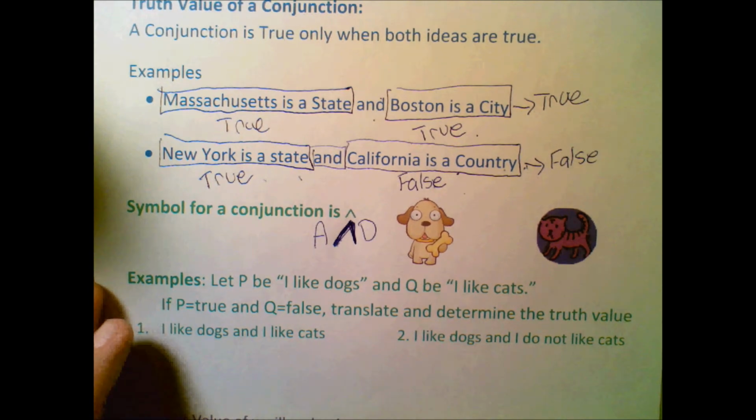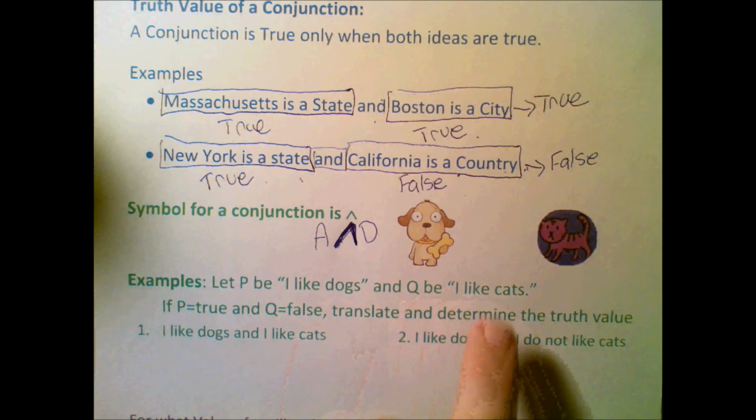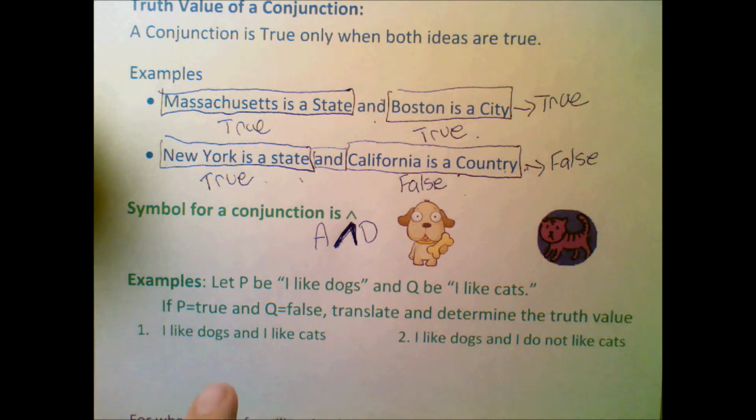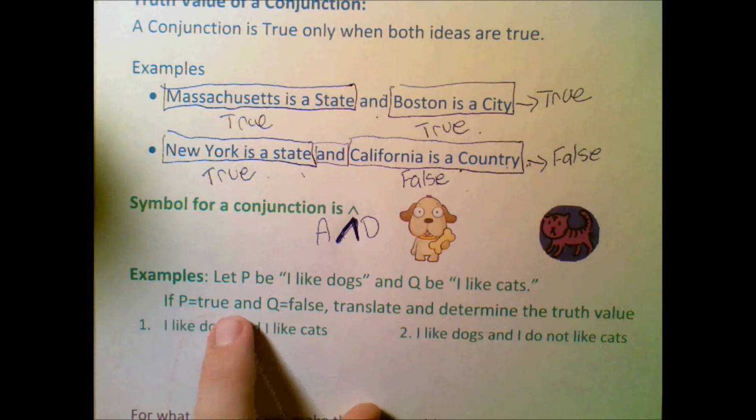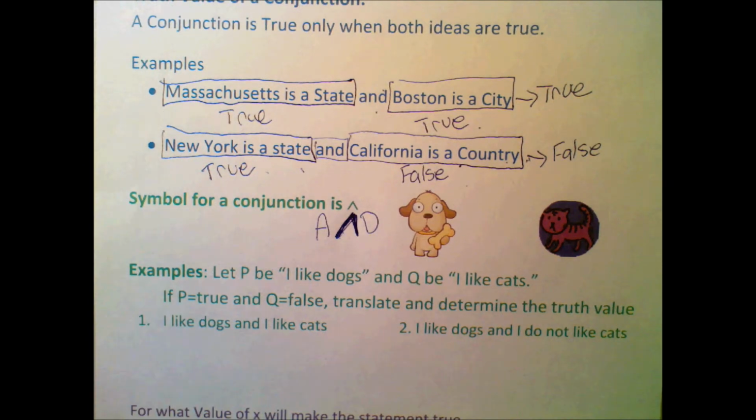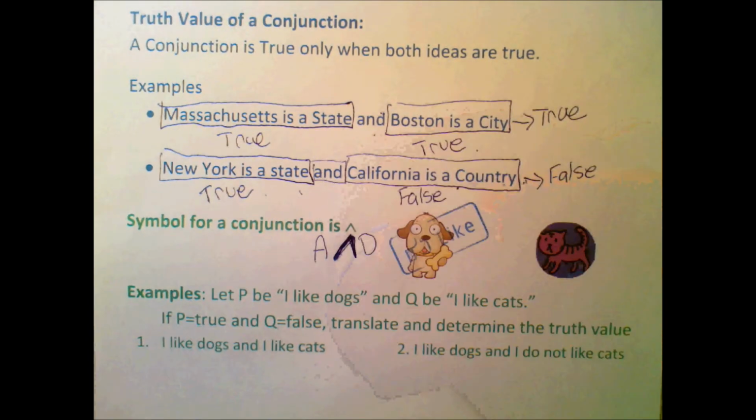Now, here are some examples I want to go over. Let P be I like dogs and Q be I like cats. Now, if P is true and Q is false, if I'm saying P is true, that means I like dogs. So therefore, next to the dog thing, I'm going to put a little like.